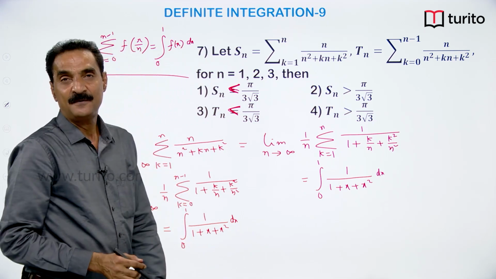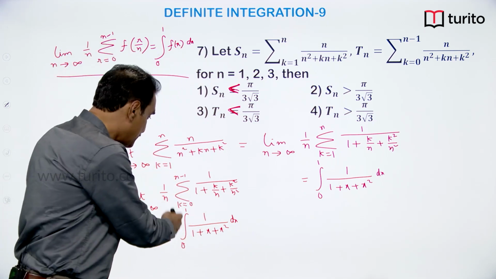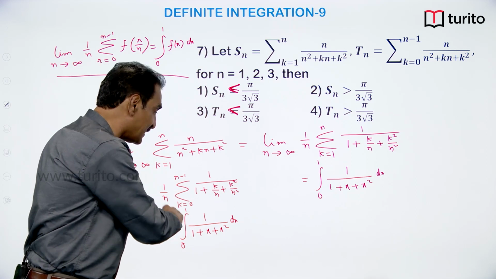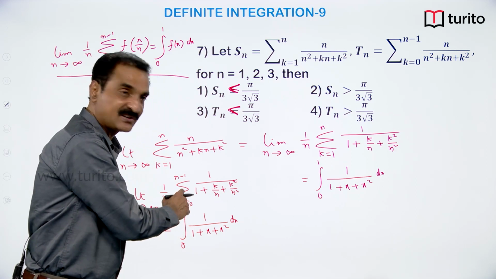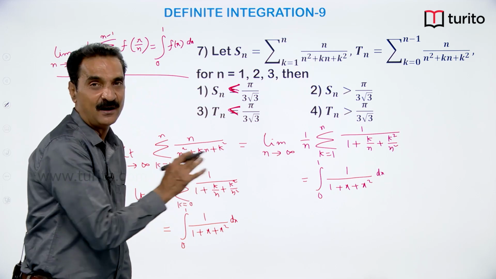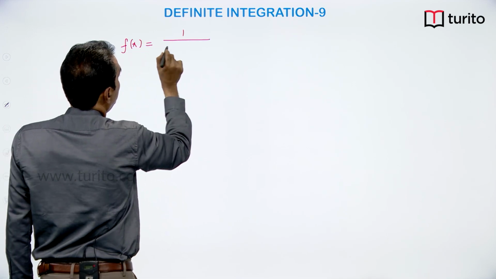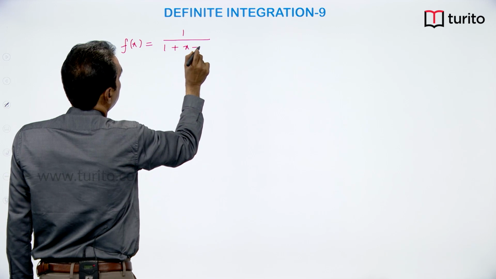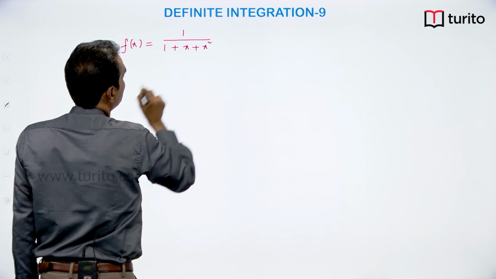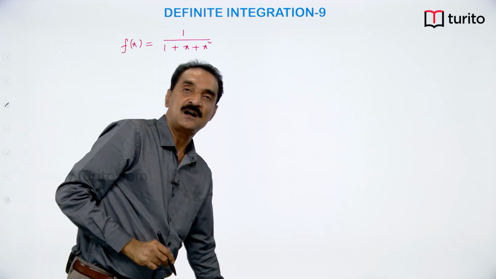Let us draw the graph of this function. We want to find out this area, the definite integral means we have to find out the sum of the values of this function or area. Let us take f of x is equal to 1 by 1 plus x square. How to draw the graph?